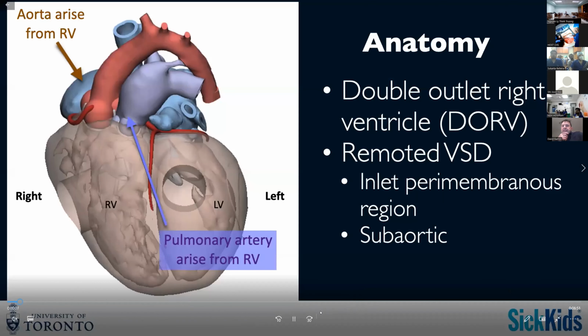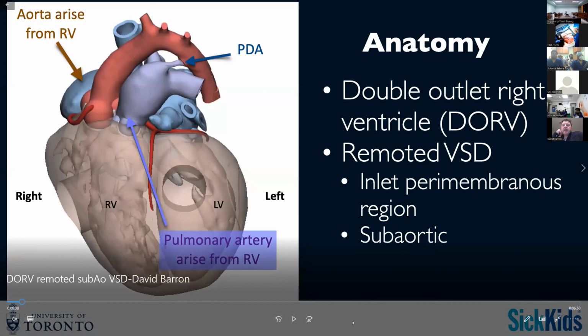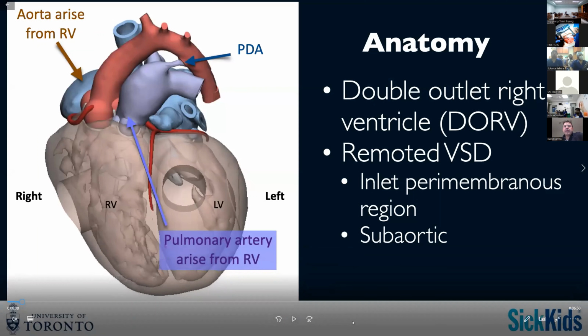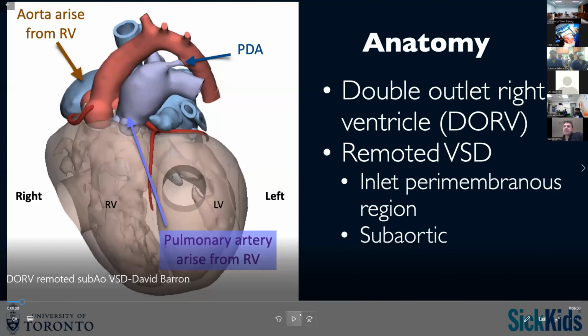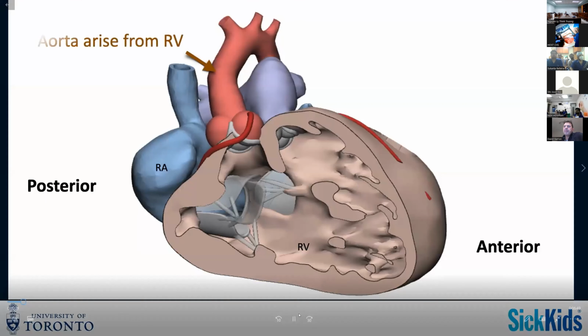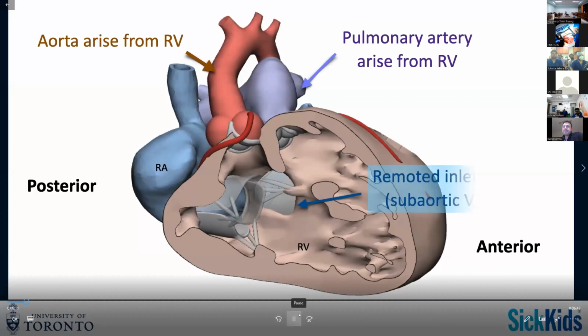Thanks, Pam. Here we are with one of the models that you all have. Here's an example with side-by-side great vessels, clearly double outlet right ventricle, but a very remote type of VSD, much more in the inlet perimembranous region.